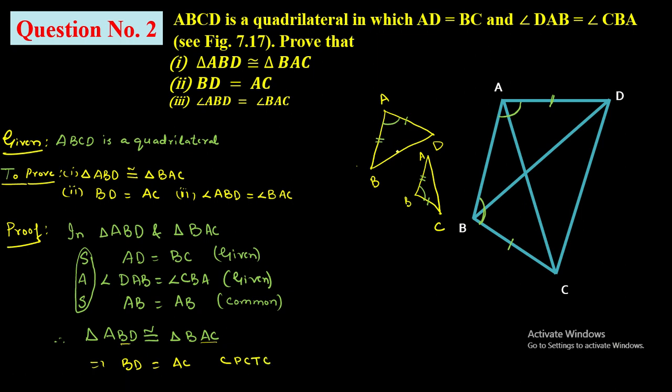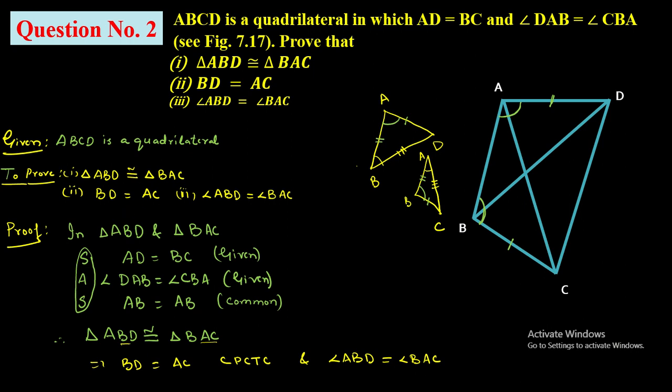Also, we can say that angle ABD is equal to angle BAC, since these are also corresponding parts of these two congruent triangles. That is, angle ABD is equal to angle BAC. Thus, in this question, we proved that triangle ABD is congruent to triangle BAC.